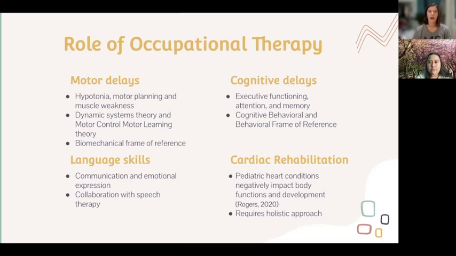And these delays can be approached using dynamic systems theory or the motor control motor learning theory to teach them movement, or using the biomechanical frame of reference, using things like strengthening or positioning to help combat or rehabilitate those delays.